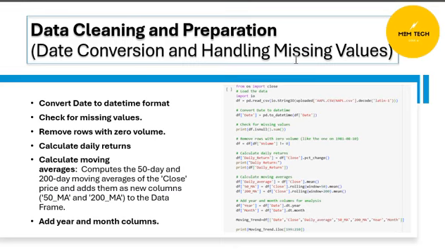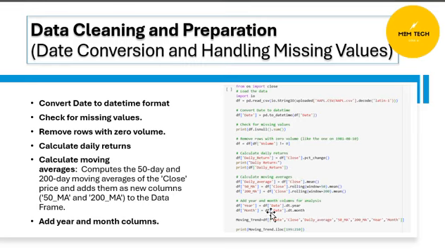After importing the data set, I figured out whether there are any missing values. After that, I convert the date to the datetime format and calculate daily returns. We can see on this slide, I calculate the daily returns here.